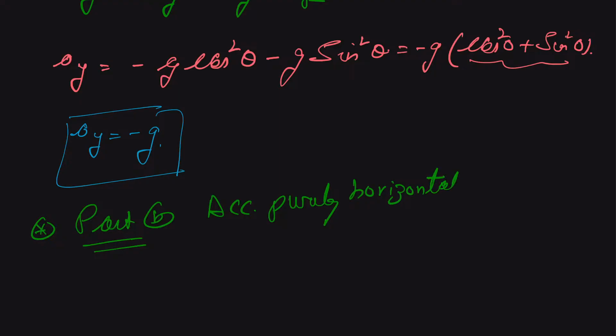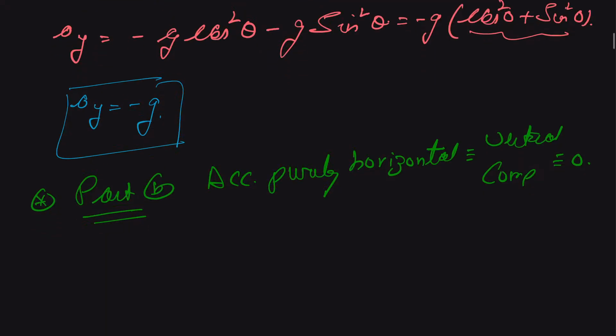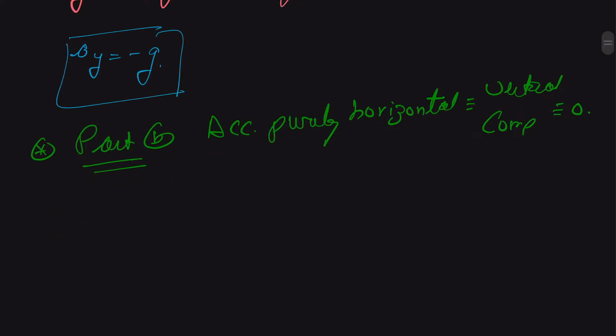So for this, the vertical component is 0. We already know our vertical component, a of y, so we put a of y equal to 0.